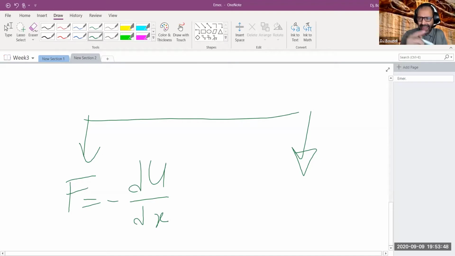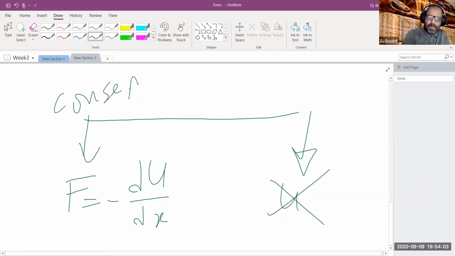So I can find that. Remember, the minus was introduced just for cosmetic reasons so that things look symmetrical, that's all, okay? And forces for which I can't do that, there is no U, it doesn't exist. So these are the so-called conservative forces, and these are our non-conservative forces.